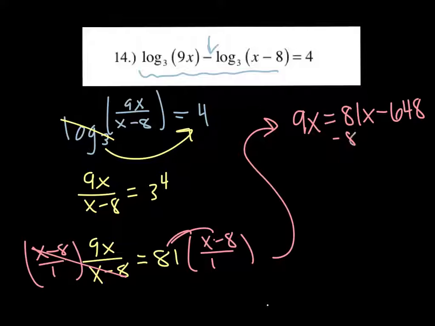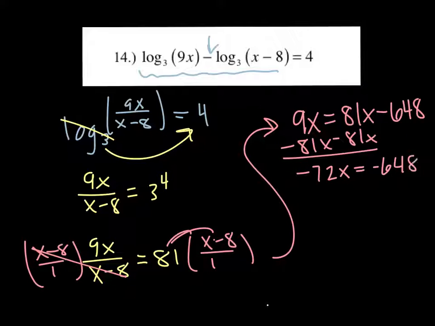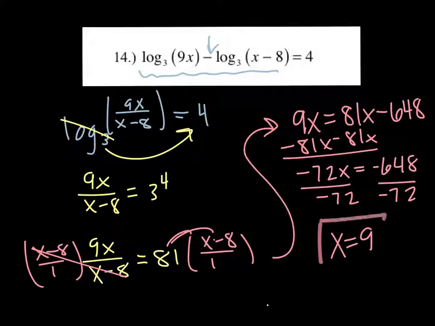I'm going to subtract my 81x. That negative stays with the 648, and then divide by negative 72. So x will be positive 9. So your two methods are to still either cancel the logs or undo the logs. It's just a matter of figuring out if you have to condense anything within your equation before you can use one of those two methods.